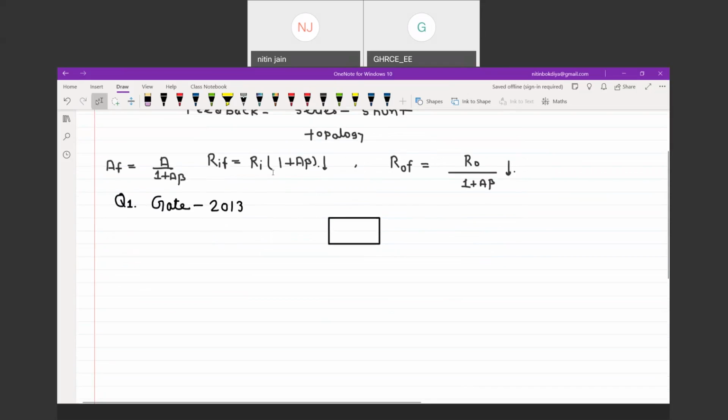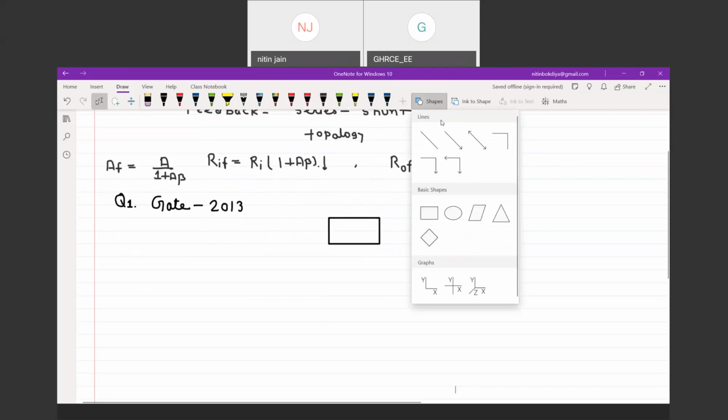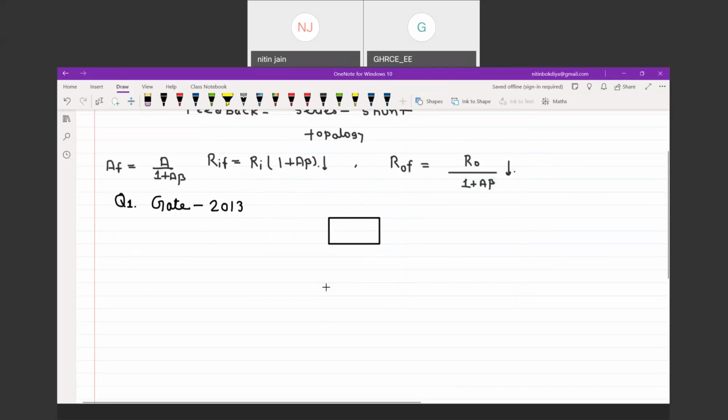We have one input, then I am having one feedback box. This is the input to the system, and this A naught represents the open loop voltage gain. Open loop voltage gain in this case I am taking as A naught. And the output of the circuit I am taking from this point.